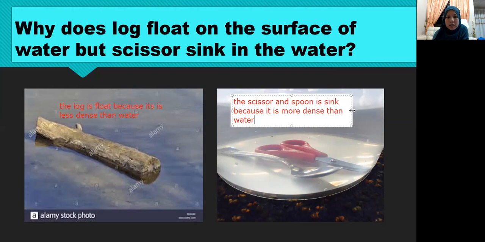So this is why the log floats because it is less dense than water. Why do the scissor and spoon sink? Because they are more dense than water. So I hope you can remember this point. Okay, let's look at the next slide.